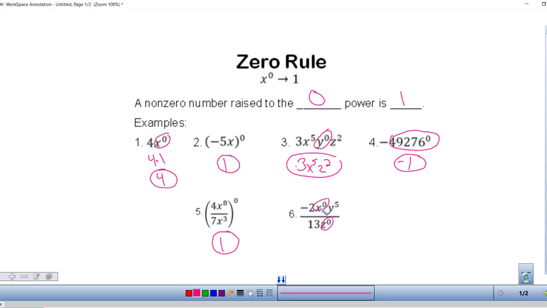Again, if it turns to a 1 and I multiply this times 1, it's not going to change anything. So I can basically just cross them off, because if I multiply by 1, it doesn't change anything. So we get negative 2 y to the 5th over 13. And that is how we simplify with 0 exponents.